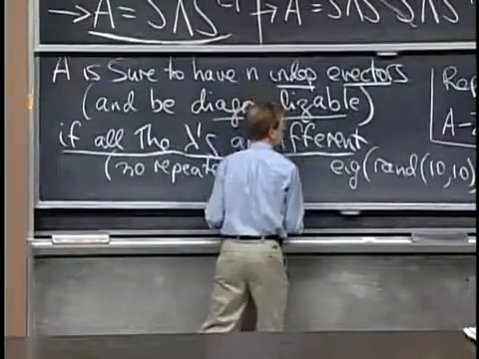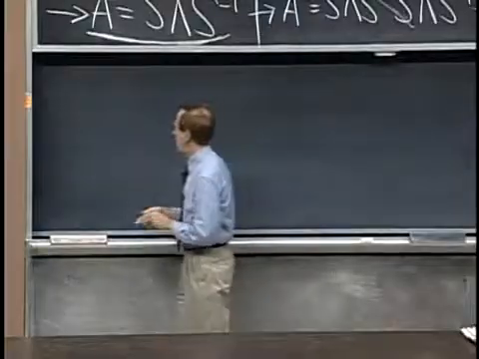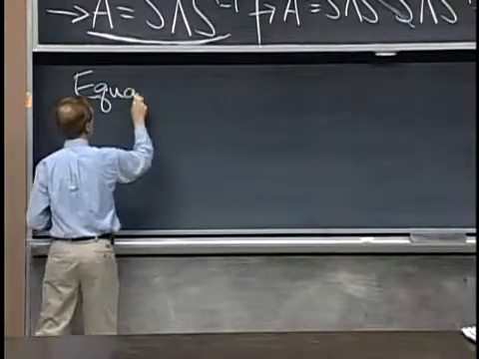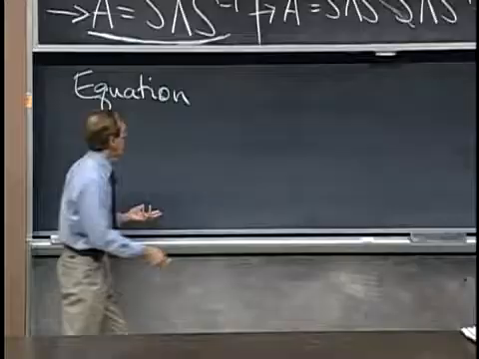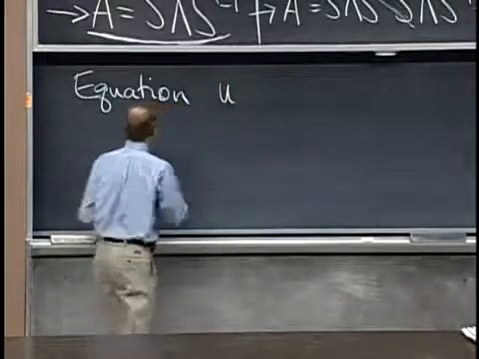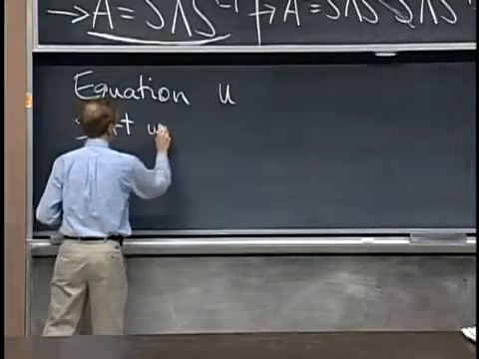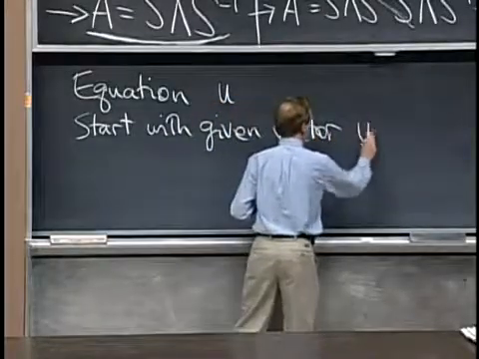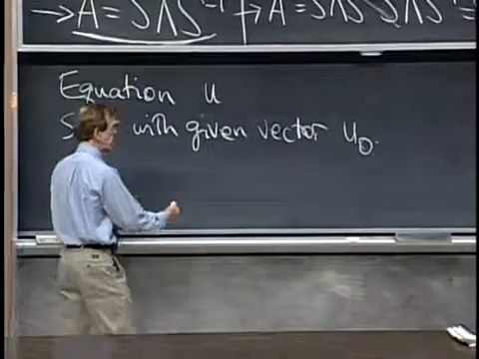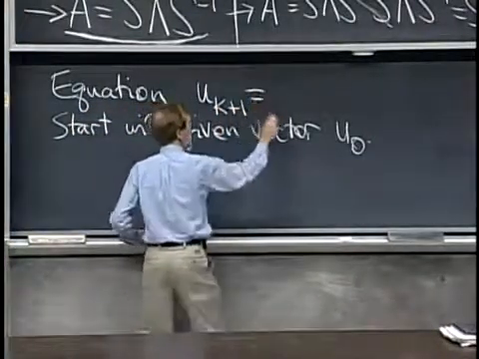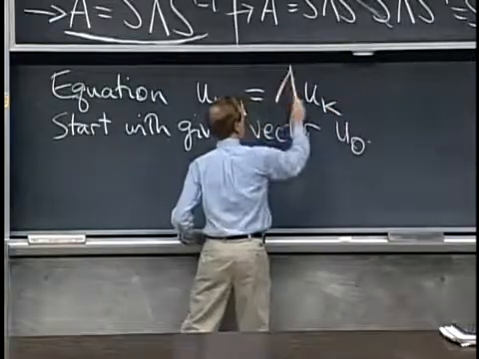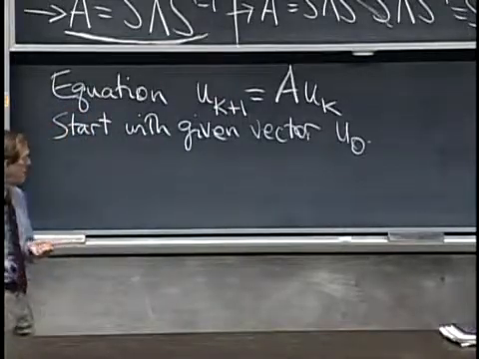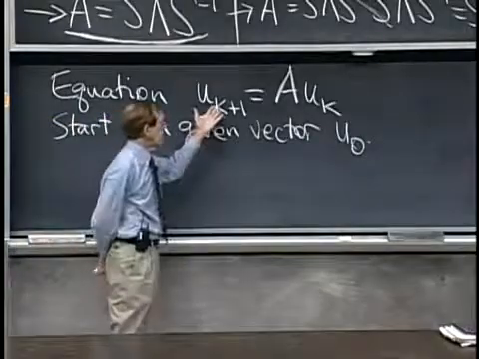Let me solve this equation. I start with a given vector u0, and then my equation is that at every step I multiply what I have by A. That equation ought to be simple to handle, and I'd like to be able to solve it.